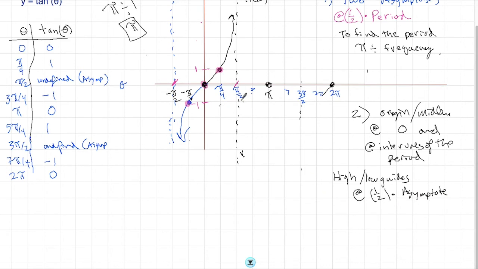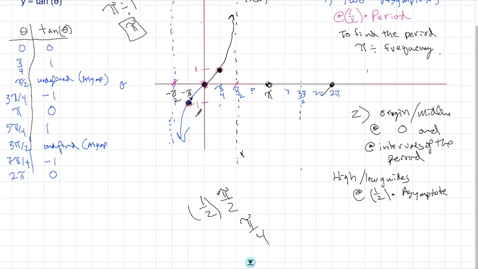So if I can find the asymptote, in this case is pi/2, and then I take 1/2 of that, that's going to be pi/4. So they occur at intervals of pi/4. There's your high guide, and here's your low guide.